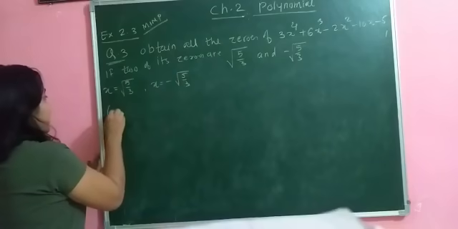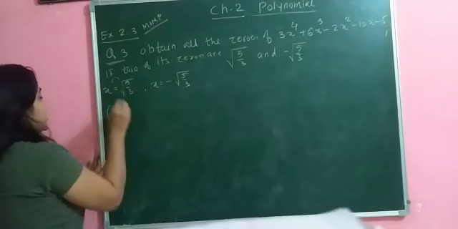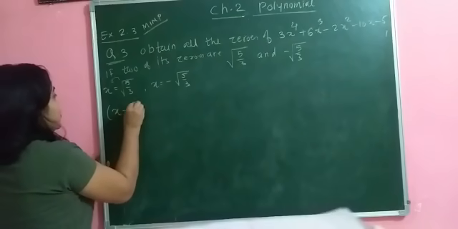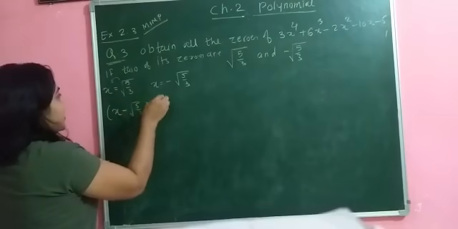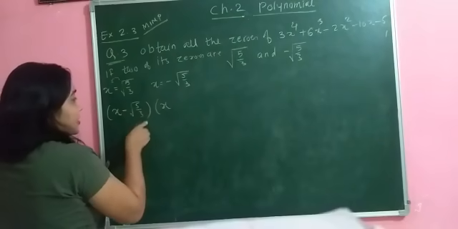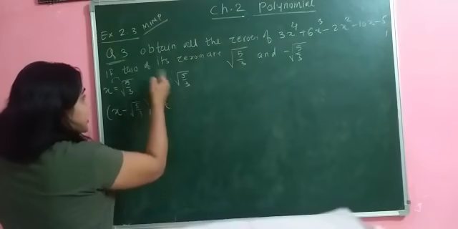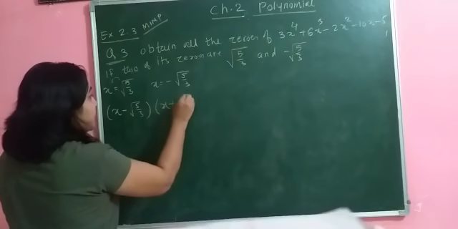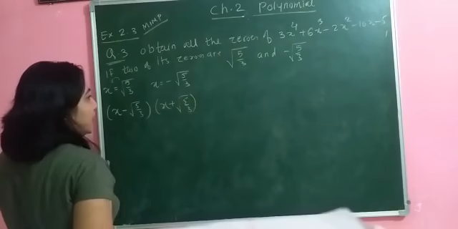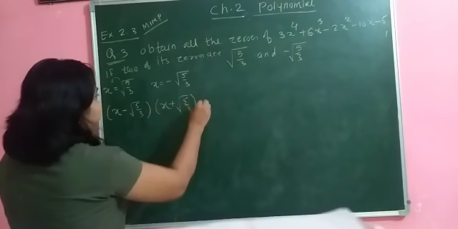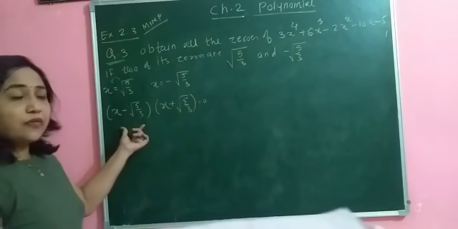So I can write x, if I am shifting this here, minus root 5 by 3 and in another bracket I am taking x, this is shifted over here, plus root 5 by 3. Equal to 0, suppose I am writing. Means this is also a factor of this polynomial and this is also a factor of this polynomial. Okay. Both are factors, therefore the multiplication of 2 factors.